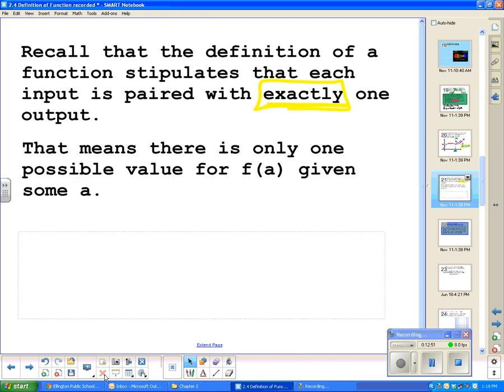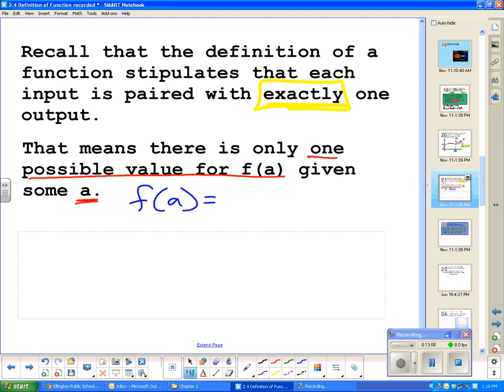That means for each input in the function, A, there is only one possible value for f of A. If I evaluated f of A and I got out two values, some b sub 1 and some other b sub 2, that would be bad. We wouldn't have a function. The definition states that each input, my input is A, is paired with exactly one output. Well, there I'm paired with two outputs, b sub 1 and b sub 2.